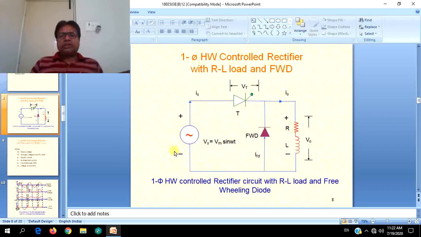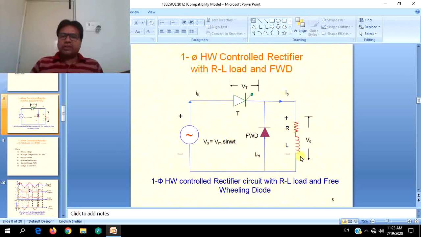To start with, when the supply voltage is switched on, the SCR is forward biased, but it will not conduct until the gate pulse is given at angle alpha. Gate pulse is given, the SCR conducts, V0 appears across the load and I0, the load current, flows.